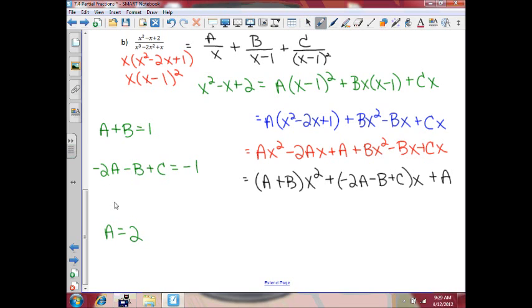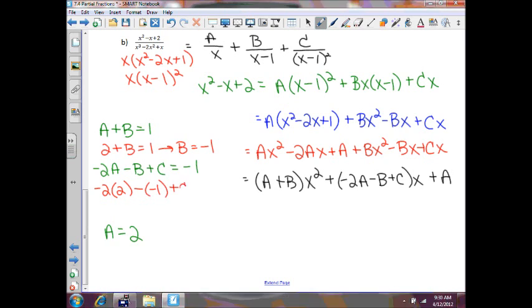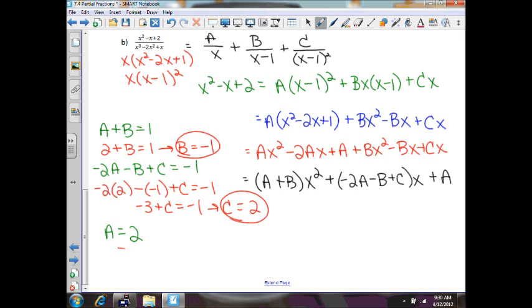So what we can do there, that means 2 plus B is equal to 1, which means B will equal negative 1. Then we can have negative 2 times 2 minus the negative 1 plus C equals negative 1. So negative 4 plus 1 is negative 3 plus C equals negative 1, which means C will actually equal 2.